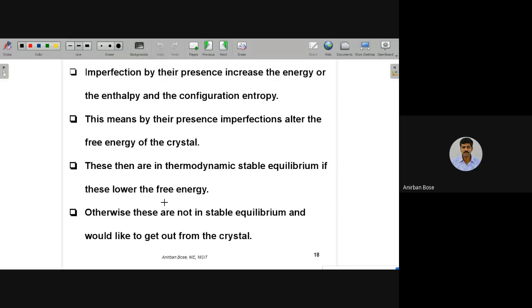Now let us again remind ourselves of the point we discussed earlier, that imperfections by their presence increase the energy or enthalpy and also the configurational entropy. So whether it is a point defect, line defect or surface defect, if some imperfection is there within the crystal, that increases the energy. Just now we have seen the surface defect.